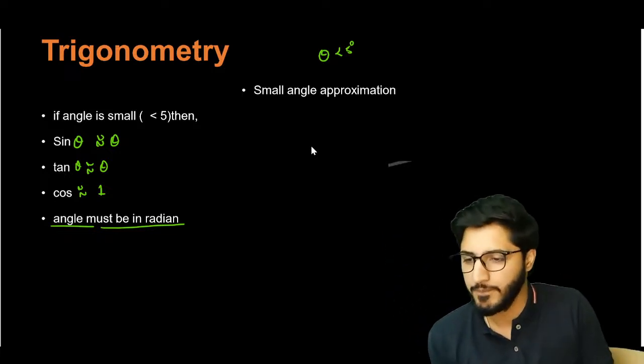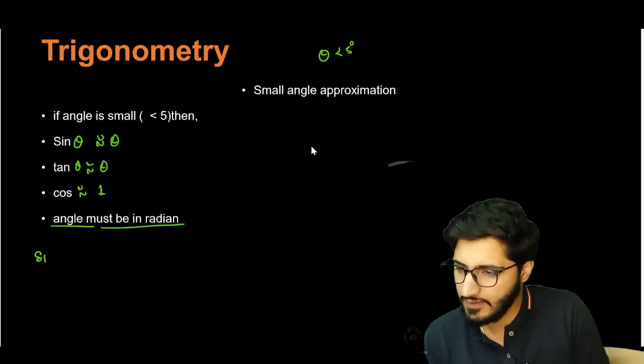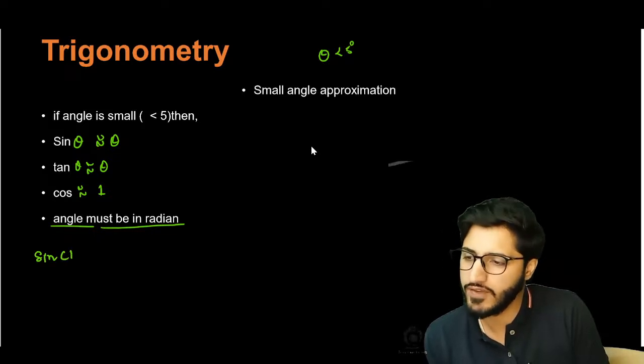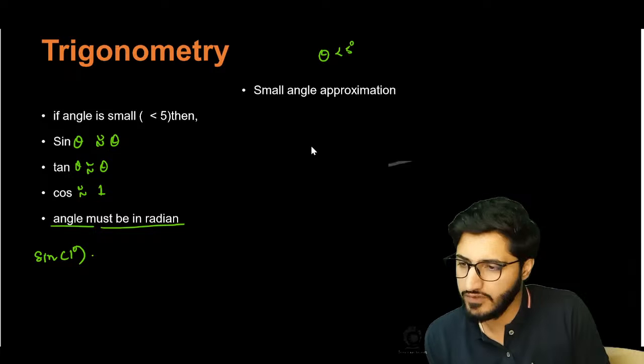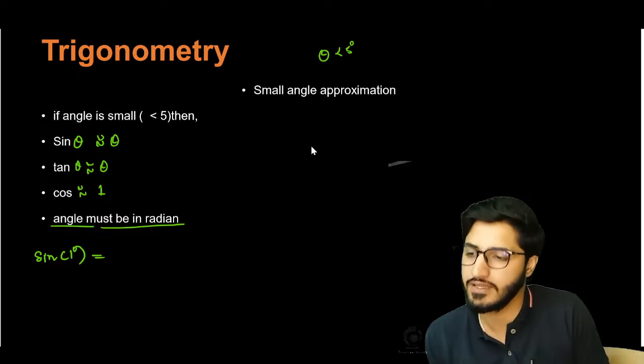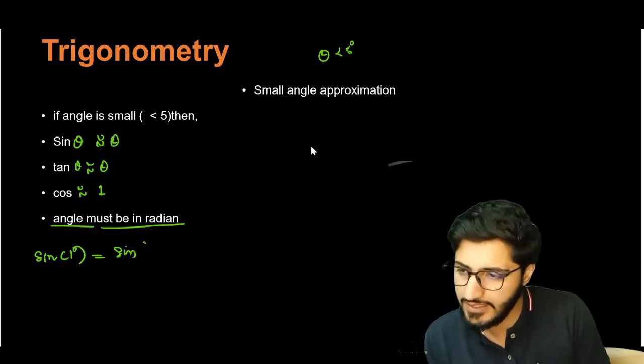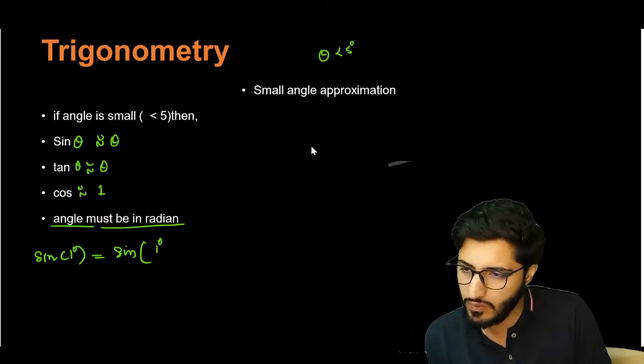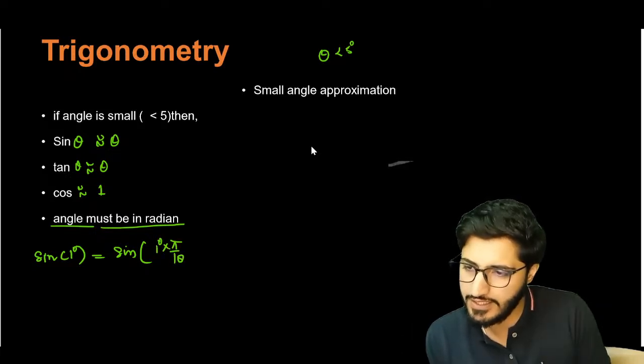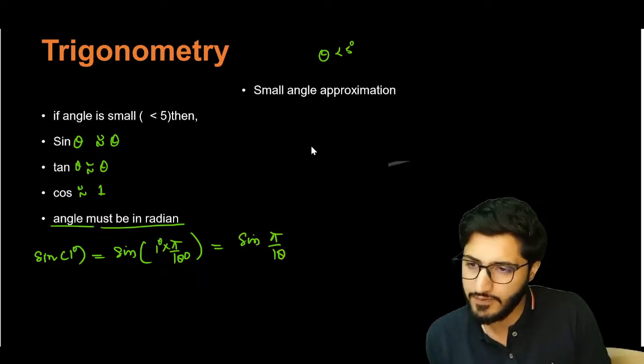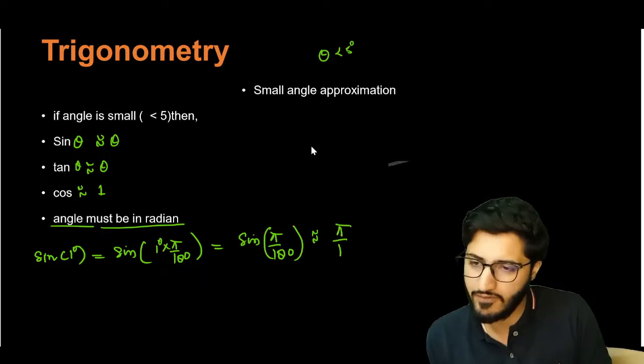Now let's suppose we are having a numerical. What would be the value of sine 1 degree? Firstly, we have to convert the degree into radian. So sine 1 degree is nothing but 1 into pi by 180 radian. So I can write this as sine pi by 180 radian. It is approximately pi by 180.